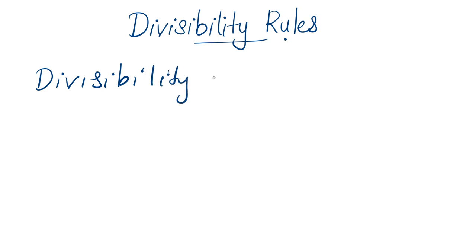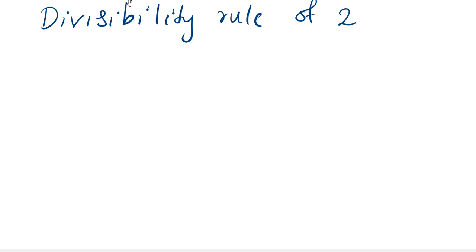Divisibility rule of 2. That means you are given a number, whether this number is divisible by 2. So how can we make sure that the number is divisible by 2? I will write a number, 2864. Just check the ones place digit.